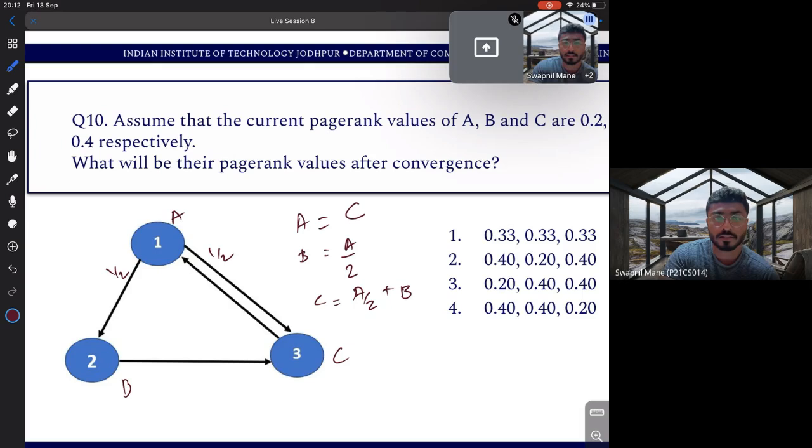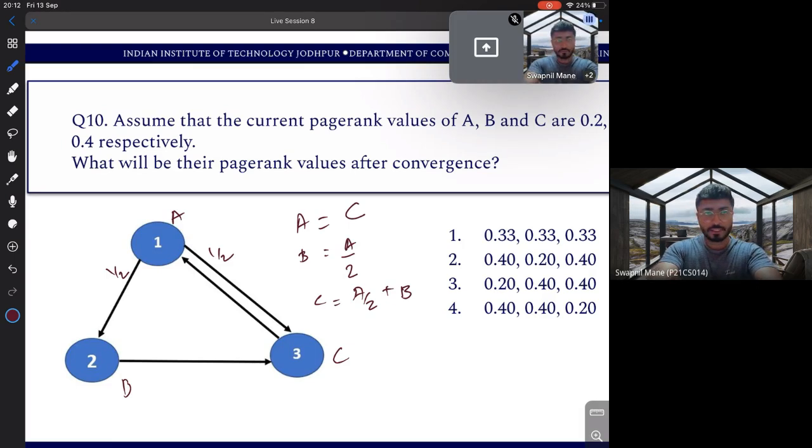I will create a new question, question 10.